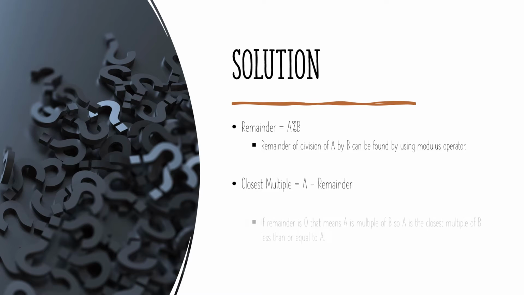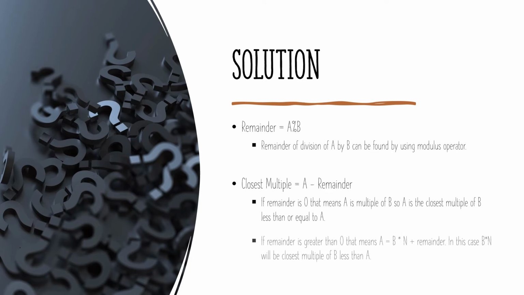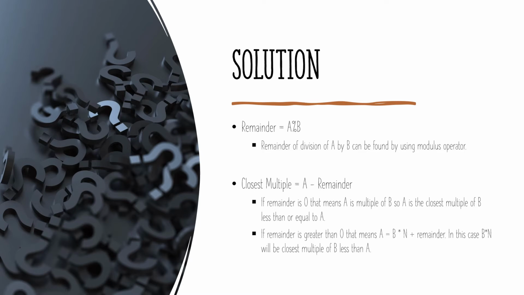If remainder is 0, that means a is a multiple of b, so a is the closest multiple of b less than or equal to a. If remainder is greater than 0, that means a can be expressed as b into n plus remainder. In this case, b into n will be the closest multiple of b less than a. So we can say that closest multiple is equal to a minus remainder.